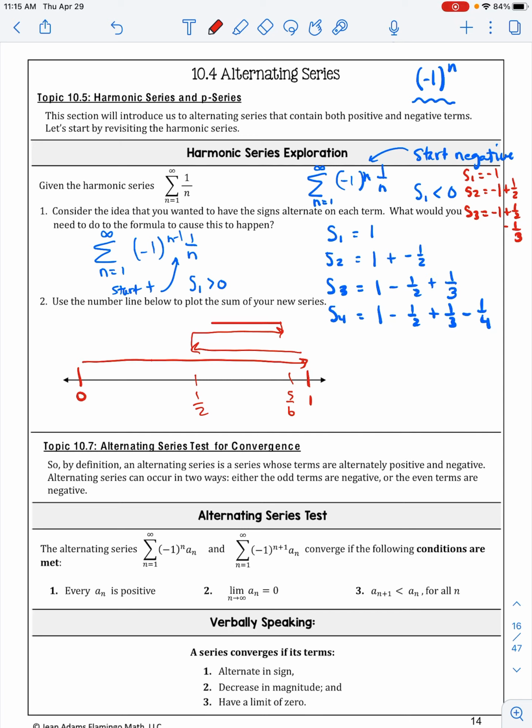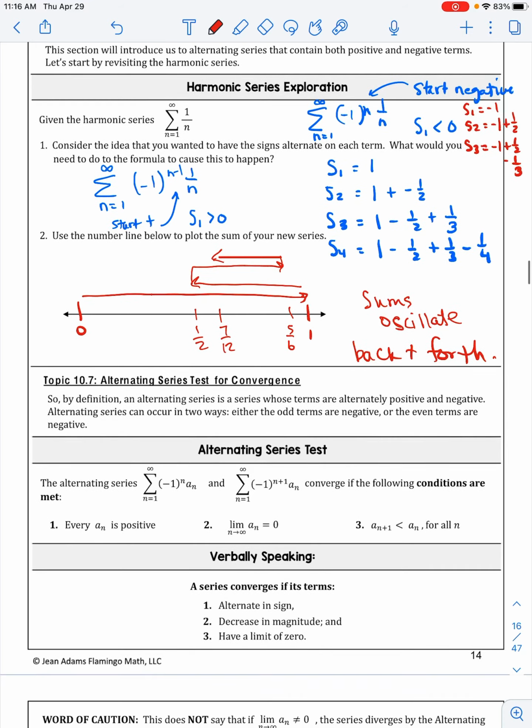So that puts us about 5/6. And then our fourth partial sum, we would be subtracting 1/4, and I think that puts us at 7/12 or something like that, which is just a little bit bigger than 6/12, which would be 1/2. So you can see how the sums oscillate back and forth.